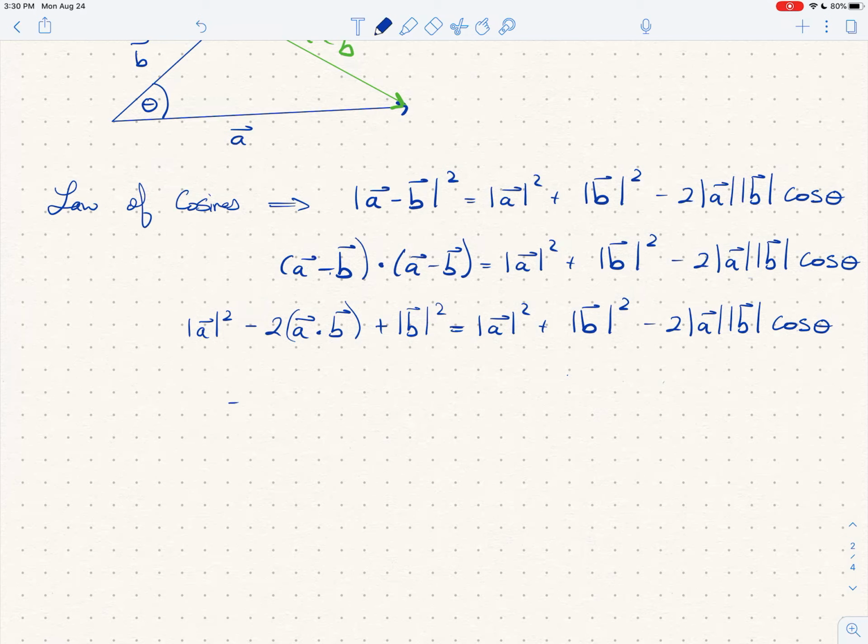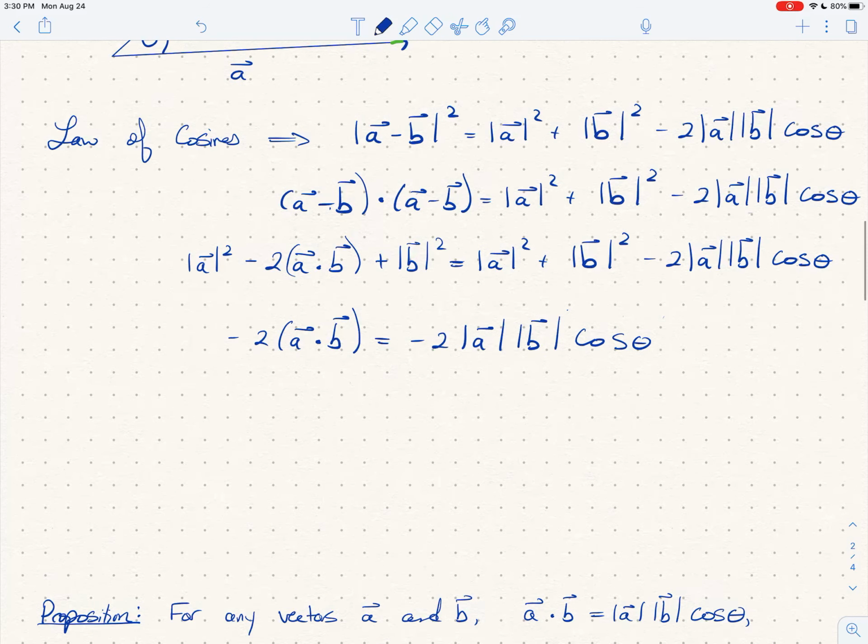I've got minus 2 times A dot B equals negative 2 times the length of A, length of B times cosine theta. Cancel the negative 2's, and all of a sudden we can conclude, therefore, A dot B is precisely length A, length B, cosine theta.